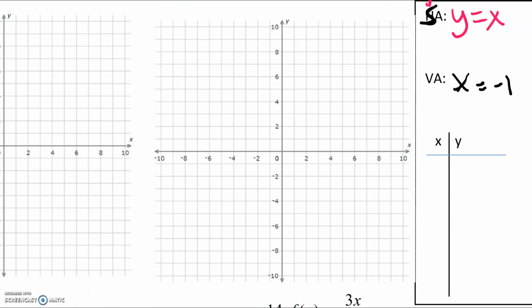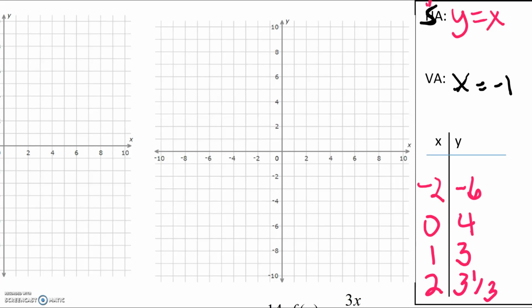So my graph, I'm going to use the points (-2, -6), (0, 4), (1, 3), and (2, 3 and a third). Now you can use different points. Remember, it should probably not be the same as the person next to you.